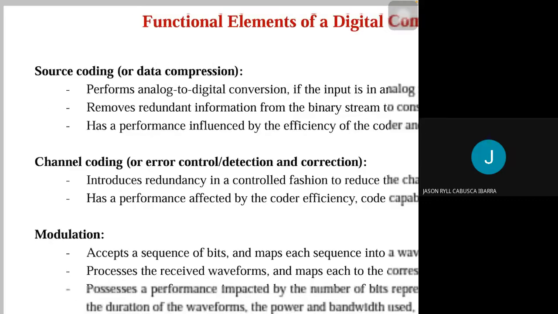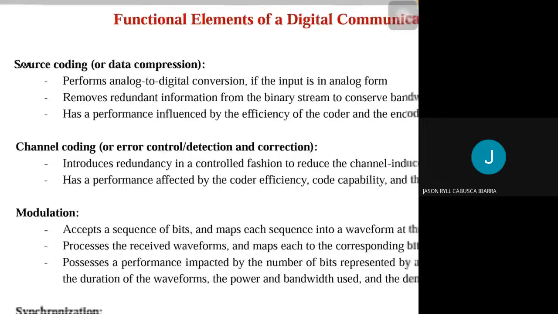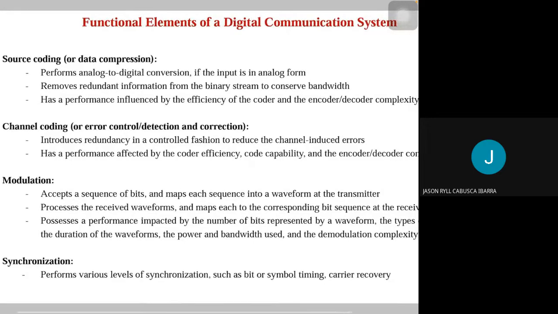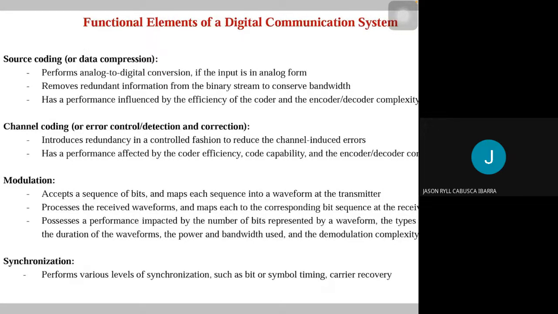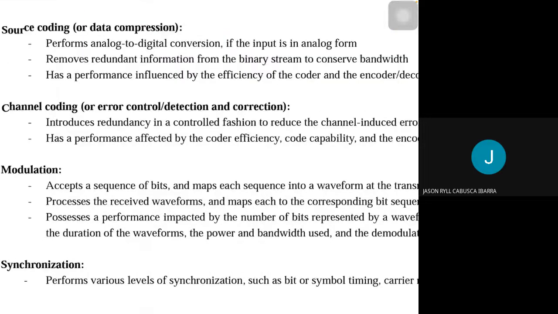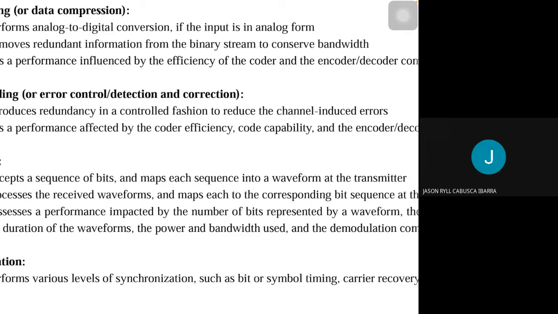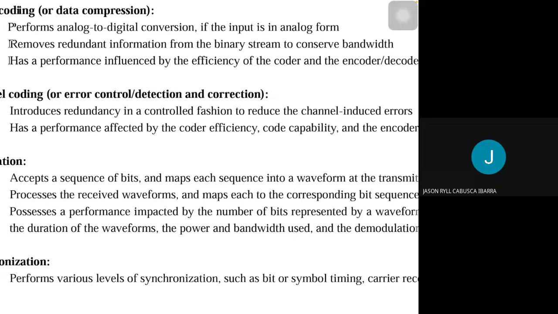So the source encoder performs not only analog-to-digital conversion, but also removes redundant information from the binary stream. Its performance is influenced by the efficiency of the coder. So that's the purpose of the source encoder. Whereas the channel encoder, or in other terms error control, error detection and error correction, introduces redundancies in a controlled fashion to reduce channel-induced errors.